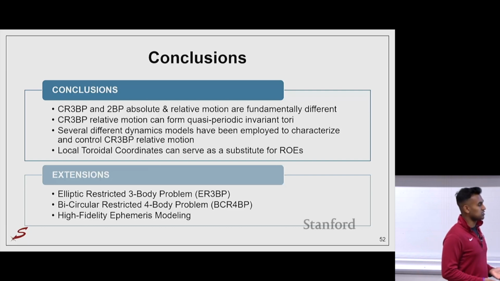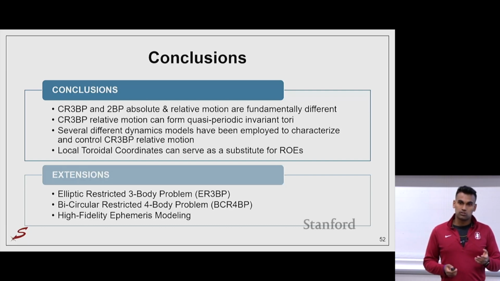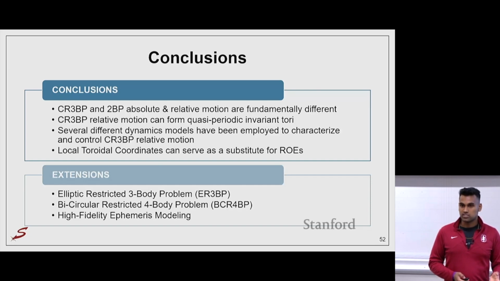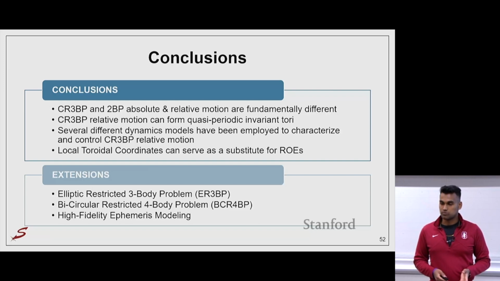And the CR3BP alone, it's a great starting point, but it's not the only way to characterize the motion, nor the best way in a lot of cases, because of the circular assumption.